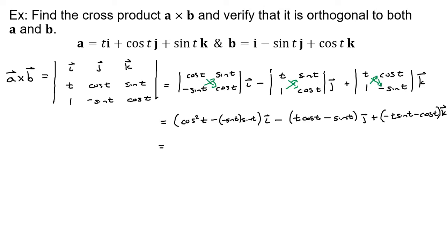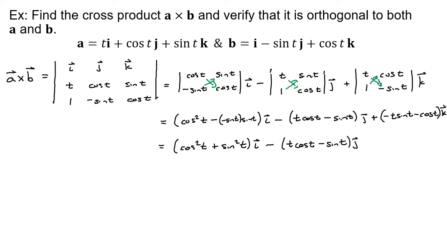So the two negatives cancel to give you a positive sign. So we'll end up with cosine squared plus sine squared minus t cosine t minus sine t on the j.